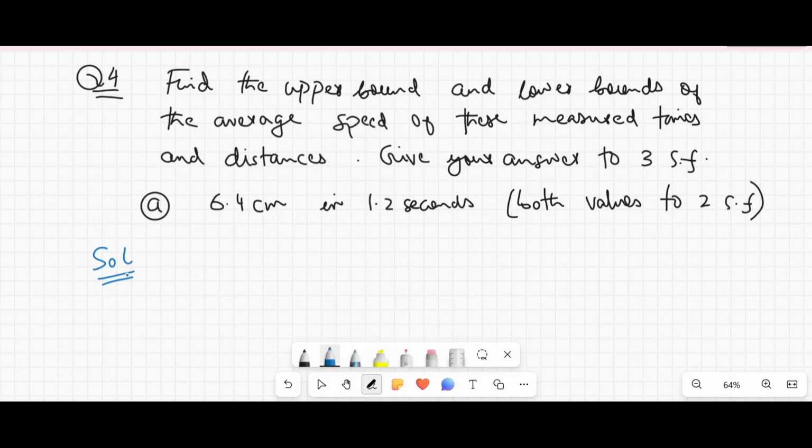So for finding the upper bound of average speed, let's first write the formula.